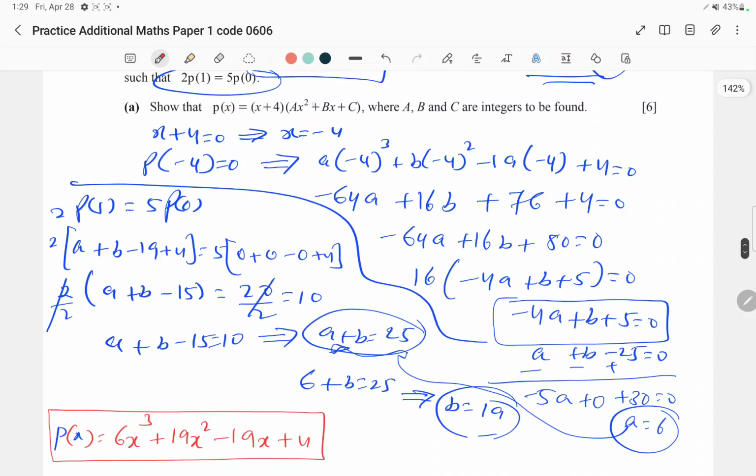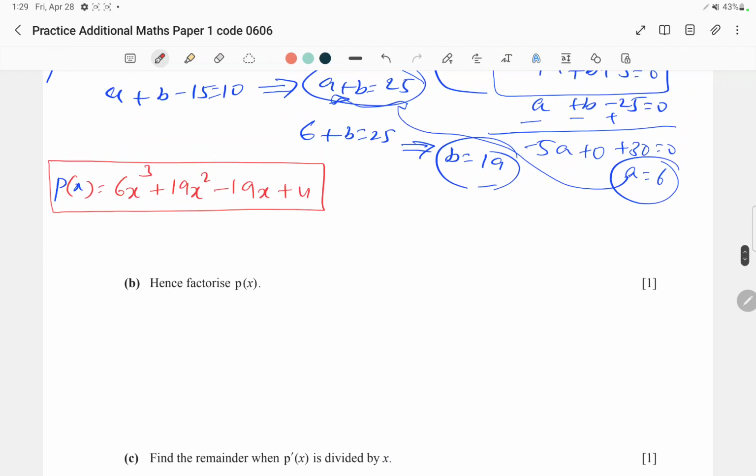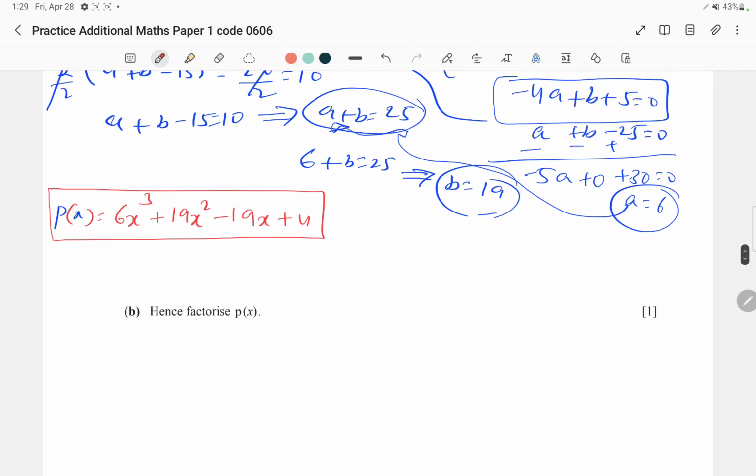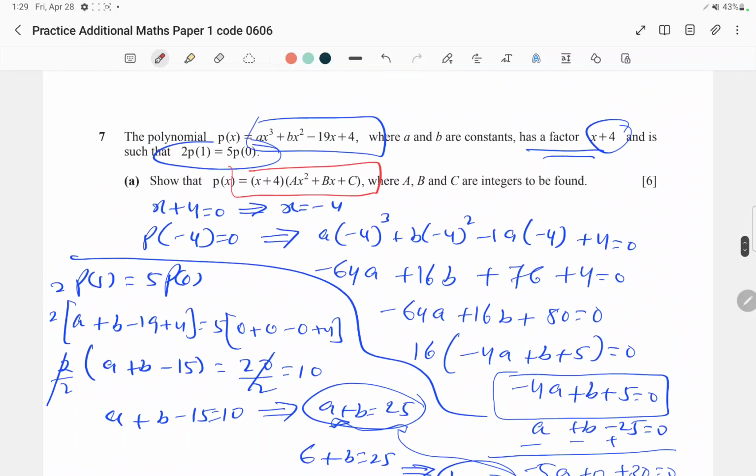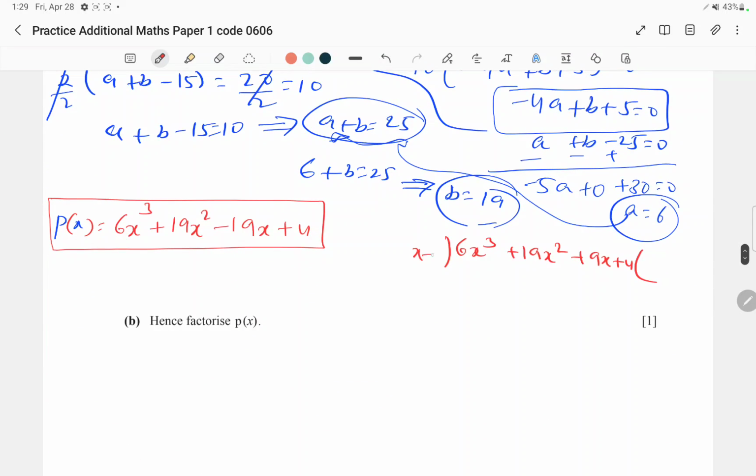Now we have to show this p(x) in this form, so we can divide. So how can we divide here? We can divide 6x cube plus 9x square minus 19x plus 4 by x plus 4. So 6x cube over x will be 6x square, then 6x squared times x is 6x cube, 6x squared times 4 is 24x squared.